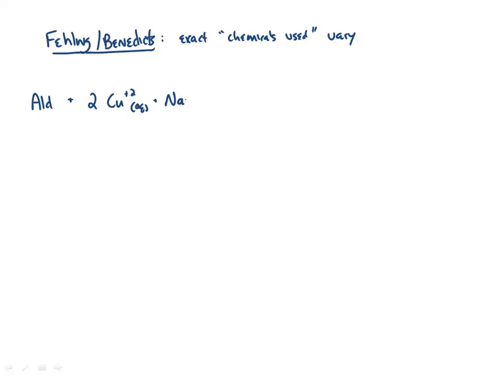Plus some sodium hydroxide. Now if I oxidize this, I make again a carboxylic acid salt. Plus, in this case, Cu2O solid plus H2O liquid.